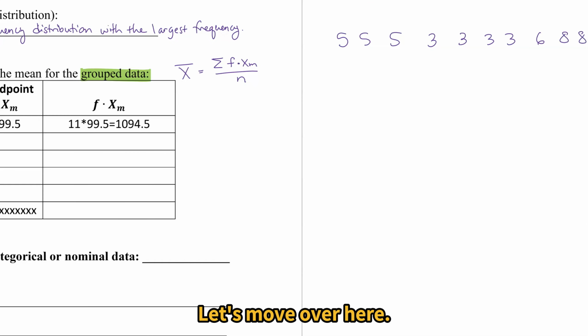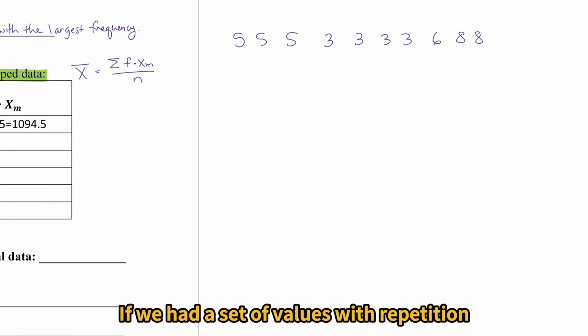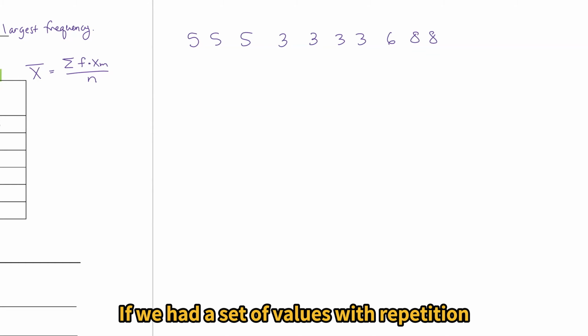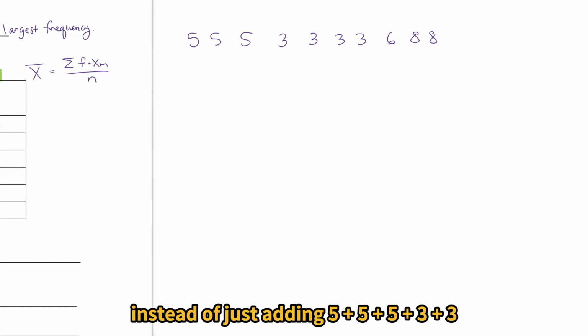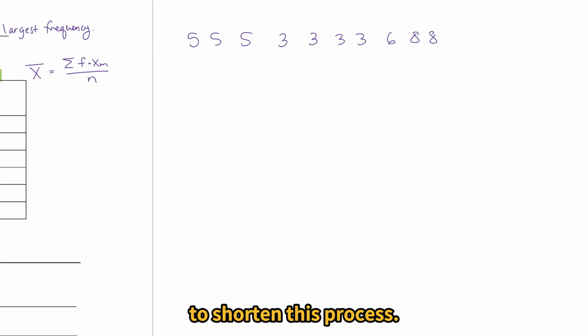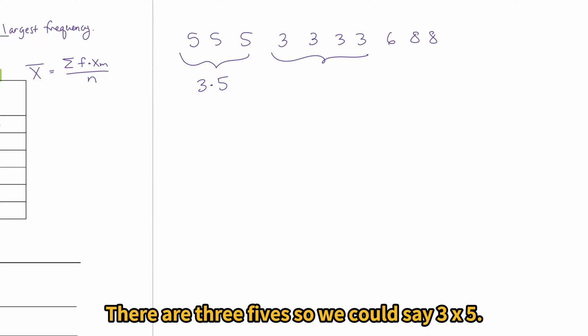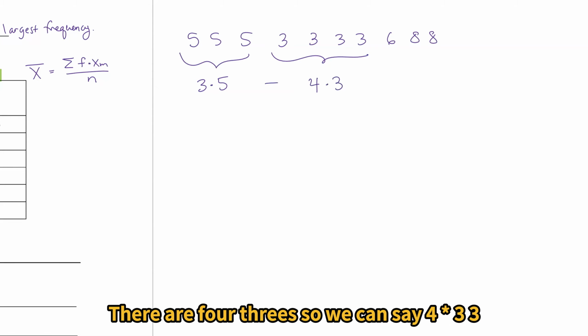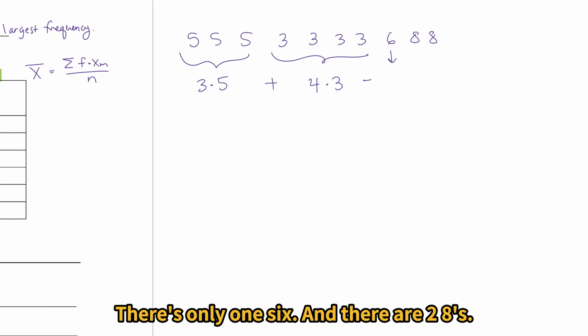Let's move over here. If we had a set of values with repetition like this one, instead of just adding 5 plus 5 plus 5 plus 3 plus 3 plus 3 plus 3 plus 6 plus 8 plus 8, we can use arithmetic to shorten this process. There are 3 5s, so we could say 3 times 5. There are 4 3s, so we can say 4 times 3. There's only 1 6, and there are 2 8s.